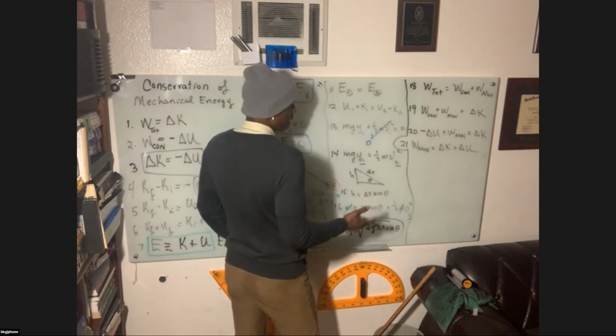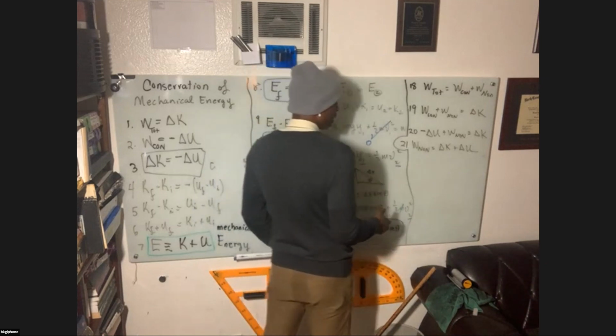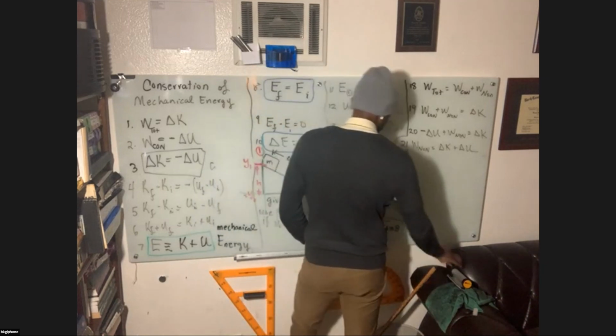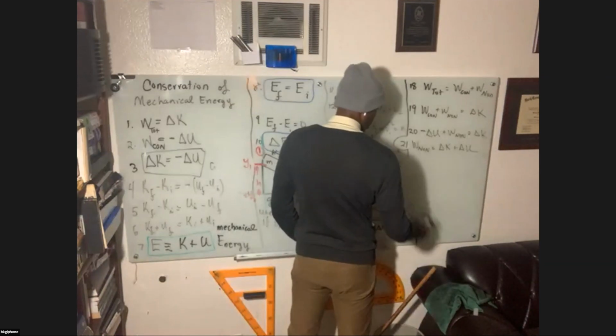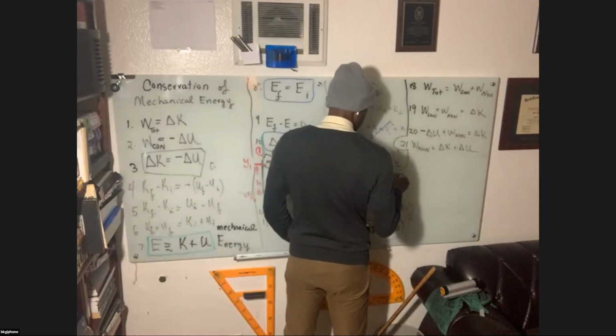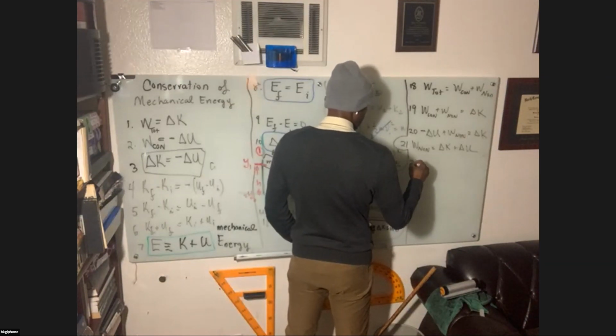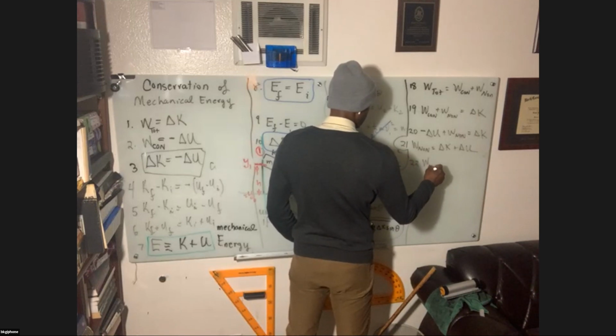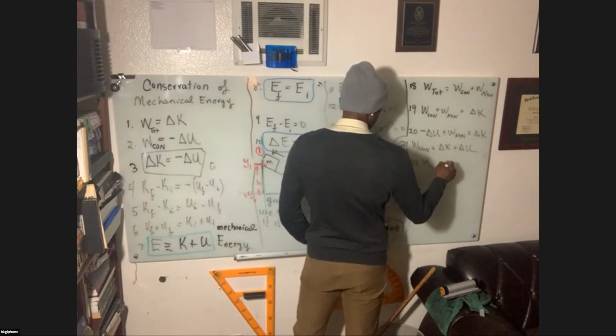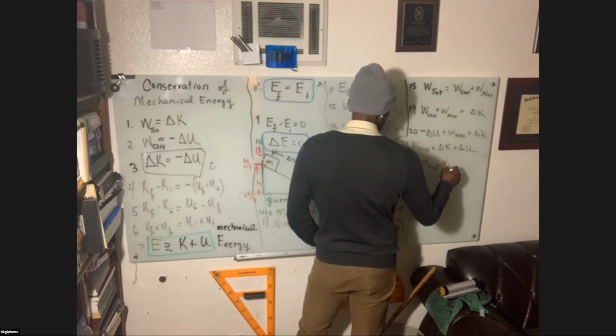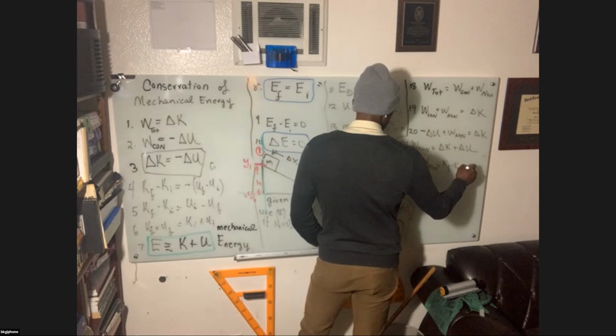Now, I can leave it like that, but that's a bit messy. I like to clean it up a little bit, make a more efficient equation. So we'll do something similar to what we just did a few moments ago. I'll leave the left side alone for a minute. And over here, we're going to have K final minus K initial, and then plus U final minus U initial.